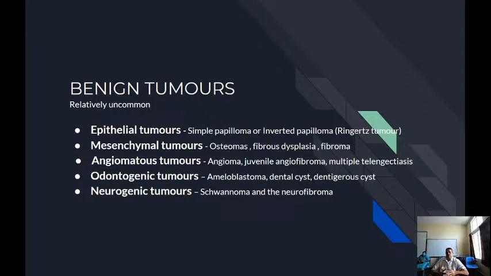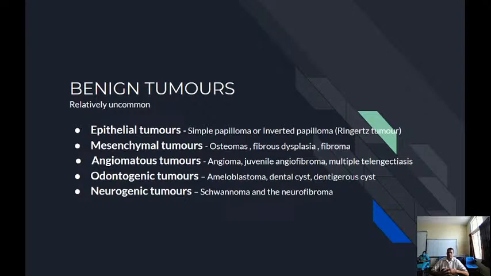Now we come to the tumors problem. The benign tumors. Tumors are usually divided into benign and malignant. The benign tumors are the ones of epithelial origin and mesenchymal origin. Epithelial in the sense, the mucous membrane which is lining and the skin, all these are the epithelial tumors. Whereas the soft tissues below are the mesenchymal tumors.